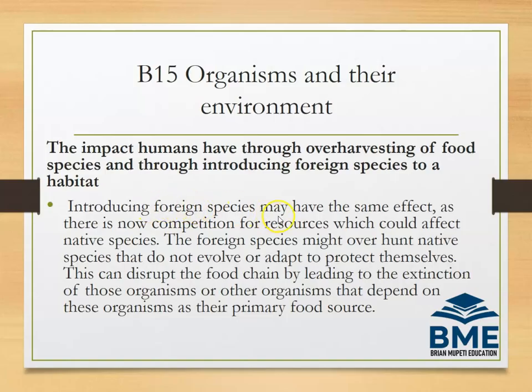Introducing foreign species may have the same effect as there is now competition for resources which could affect the native species. The foreign species might also overhunt native species that do not evolve or adapt to protect themselves. So these native species are not used to having a particular type of predator.